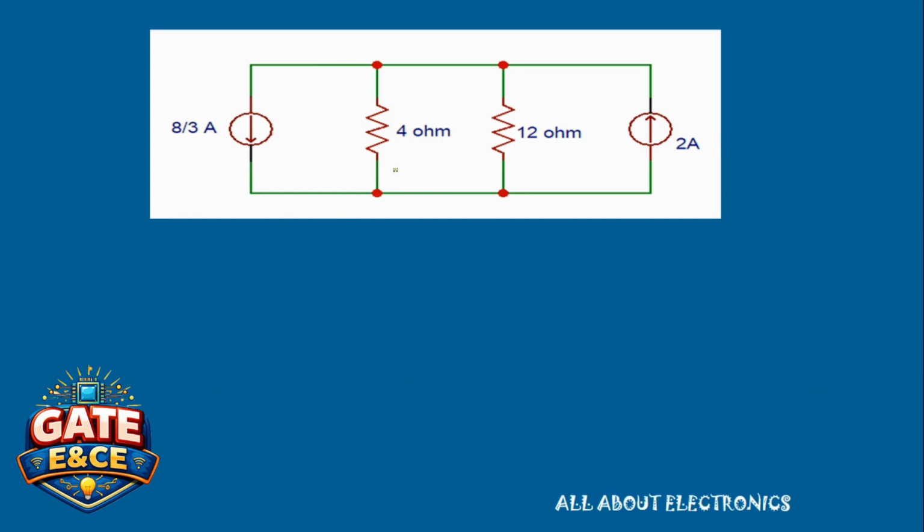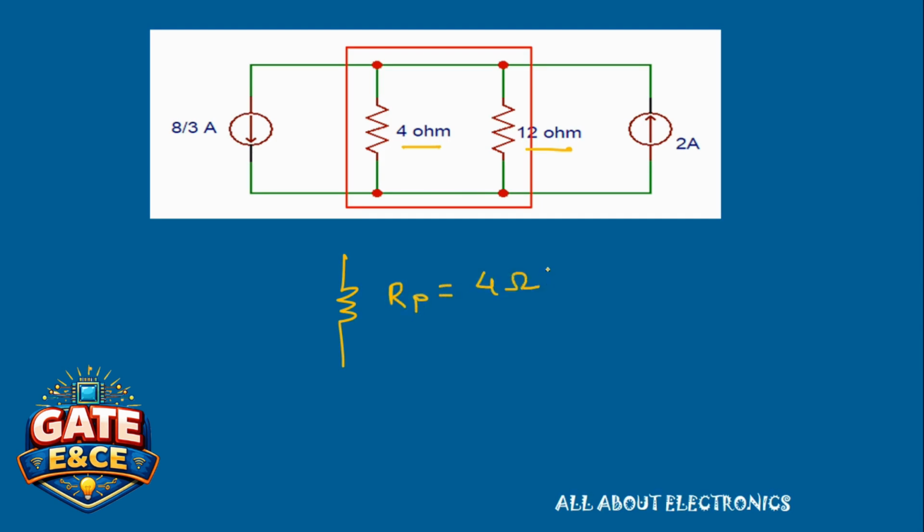So as you can see, now we have the 4 ohm and 12 ohm resistors in parallel. So we can replace these two resistors by their equivalent parallel resistance. Let's say it is Rp, and it is given by 4 ohm parallel 12 ohm, and that is nothing but 4 into 12 divided by 4 plus 12, which comes out to be 3 ohm. So we can replace these two resistors by their equivalent parallel resistance 3 ohm.